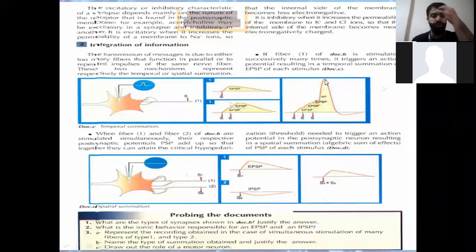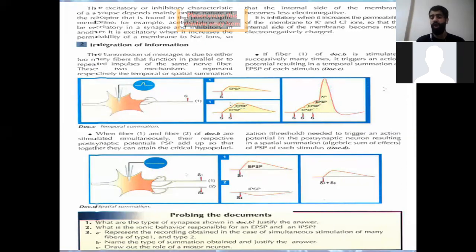Moving now to this figure, talking about the excitatory or the inhibitory characteristics of a synapse, it mainly depends on the receptor that's found in the membrane. For example, acetylcholine is excitatory if it's found in one synapse, and it can be inhibitory in another synapse.